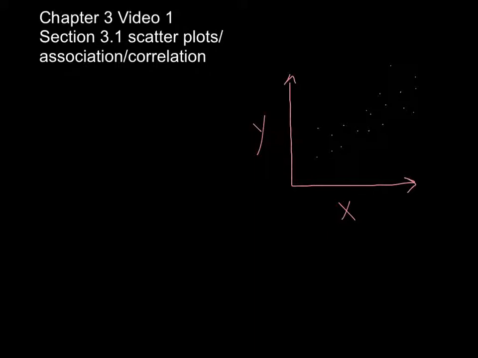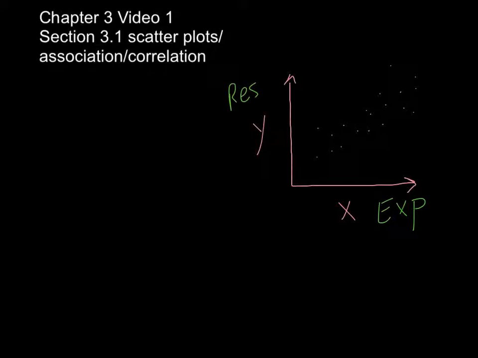The rain is explaining why weeds are taking over my yard, or maybe there's a lack of weeds. So your explanatory variable will always be on your x-axis, and the response variable will be your y-axis. The explanatory variable, your x variable, is explaining what we're seeing in the response variable.